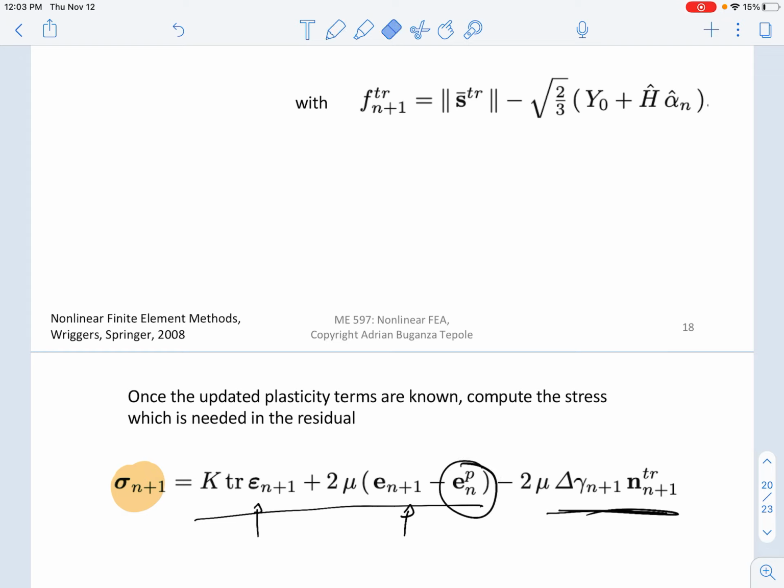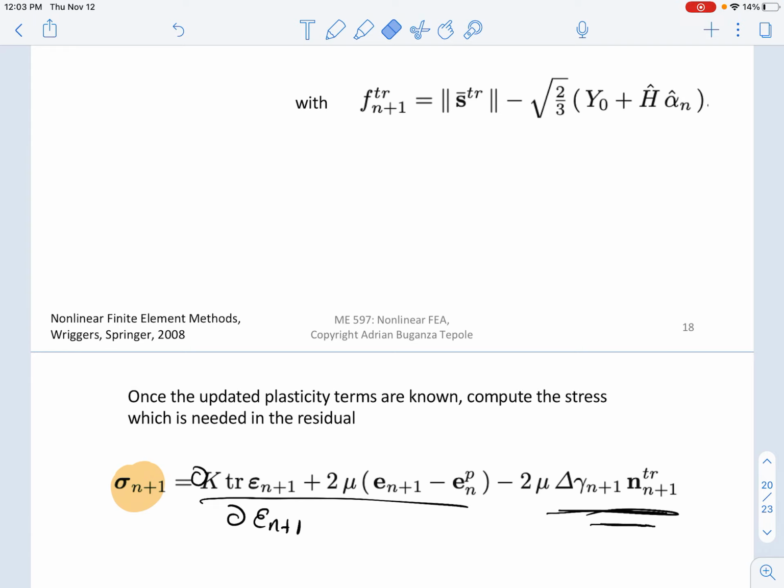You see that if plasticity is fixed, this one uses the previous time step. And then this is the correction if there is plastic flow, right? And so the tangent now needs the derivative of this with respect to the epsilon n plus 1. This is almost epsilon n plus 1. This is just that minus the trace of epsilon n plus 1. So this is just the deviatoric part.